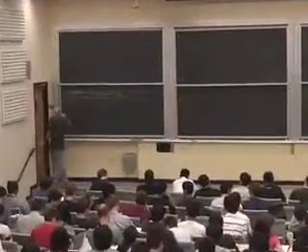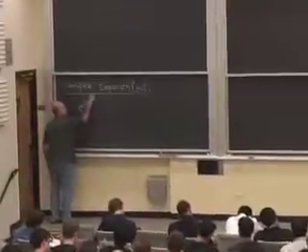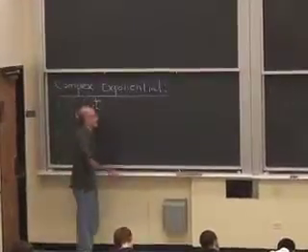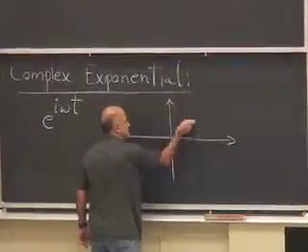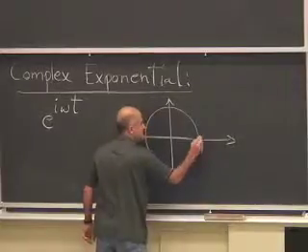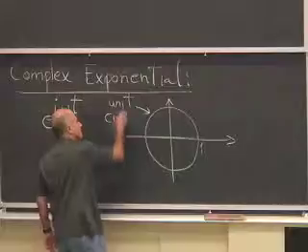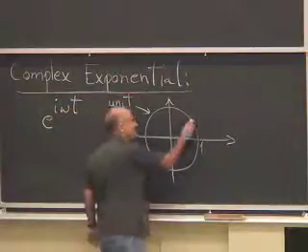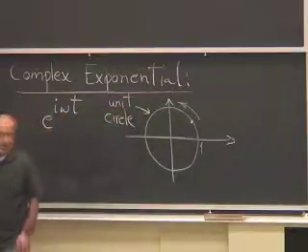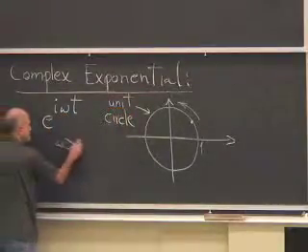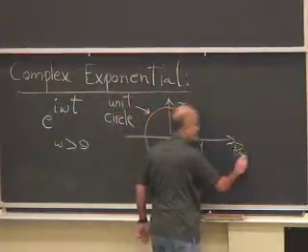Last time we spoke about the complex exponential and its behavior, and how it represents a point on the unit circle going counterclockwise if omega is greater than 0, and clockwise if omega is negative.